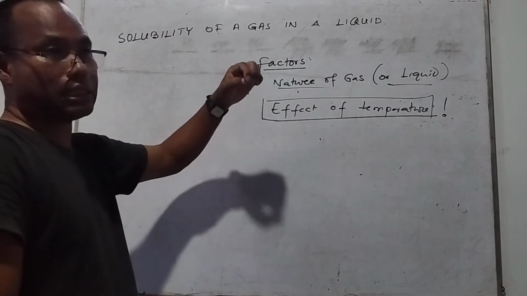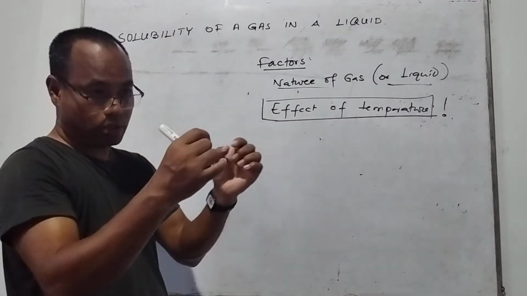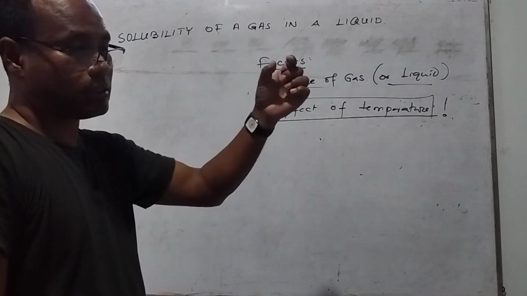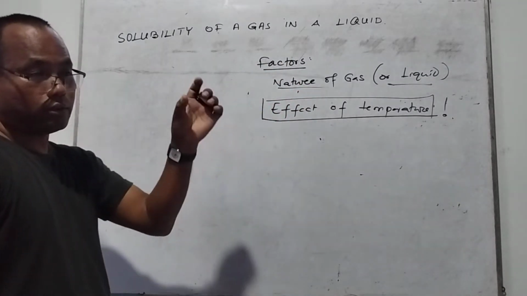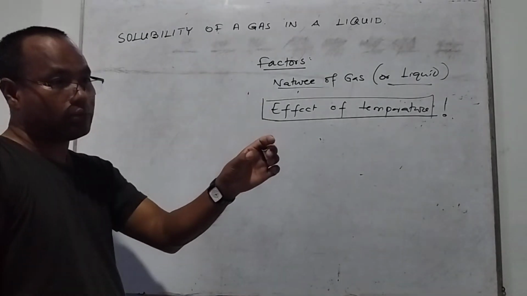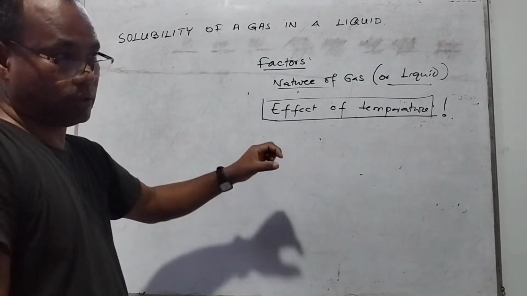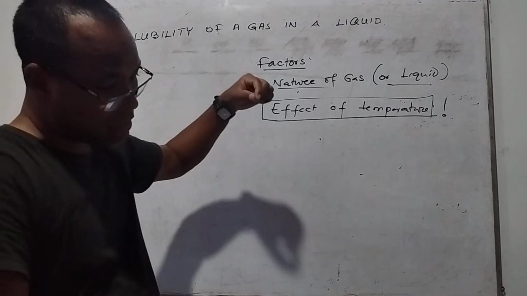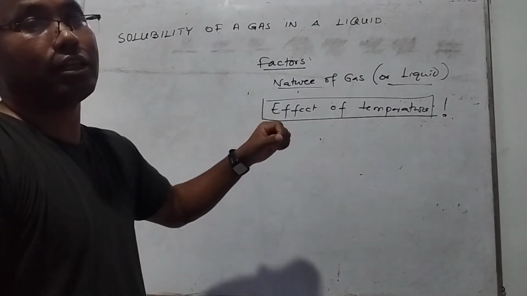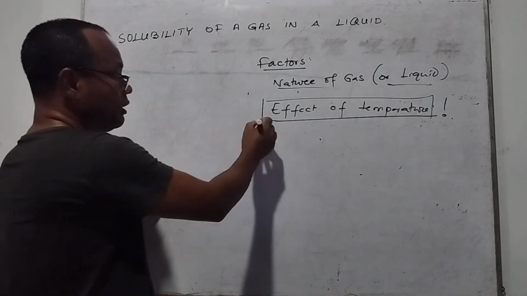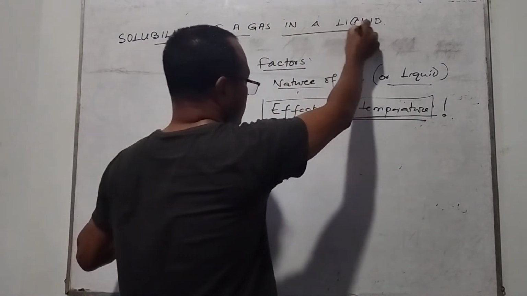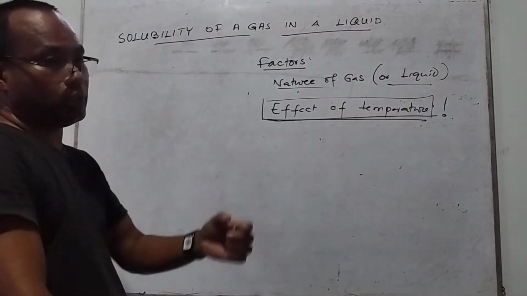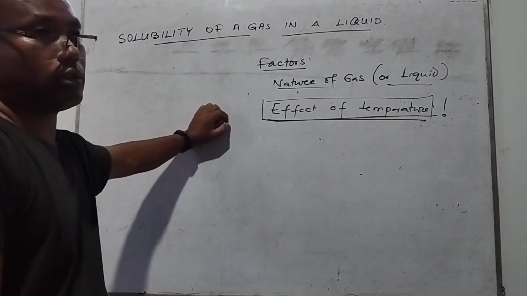But in the colder region, the gas comes closer, right? Once the gas comes closer, it becomes heavier, as you know. So that gas is closer to the surface of the liquid, and it can easily dissolve into the given liquid. So the solubility of a gas in a liquid increases with decrease in temperature, right?